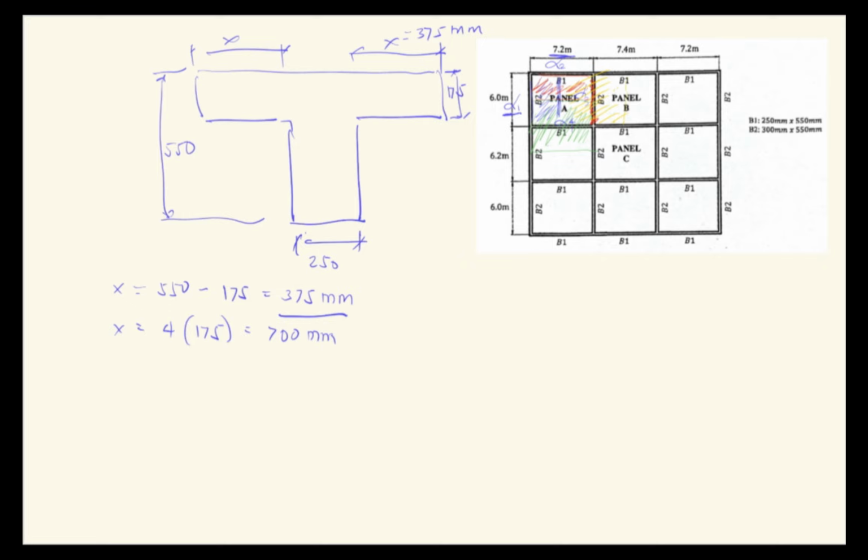Then, in order for us to determine the moment of inertia, we have to locate the centroid of the cross section. Okay, so we consider each of these cross sections, starting off with this.